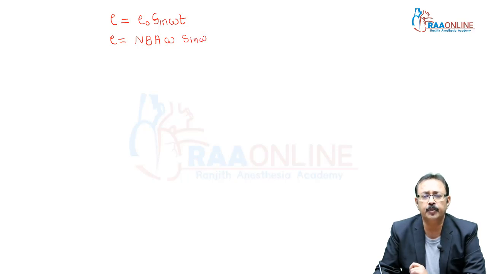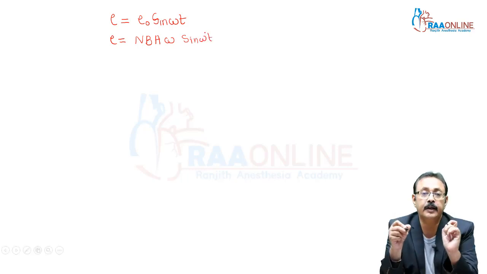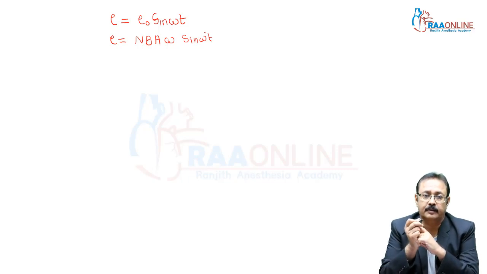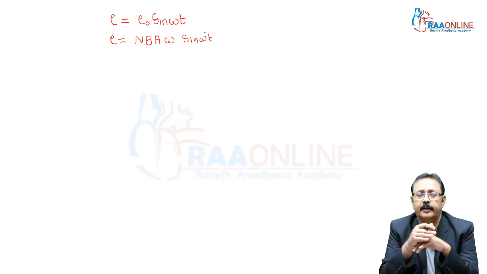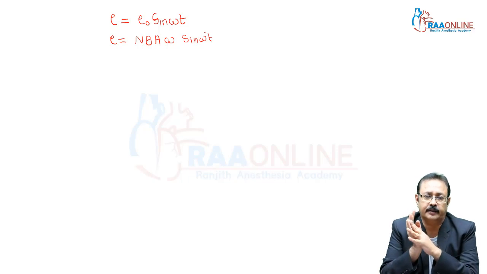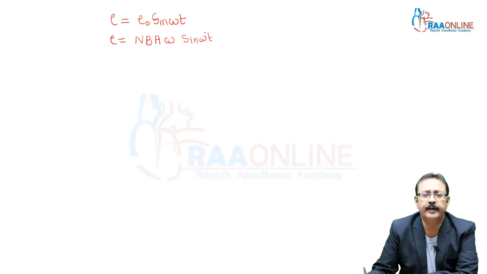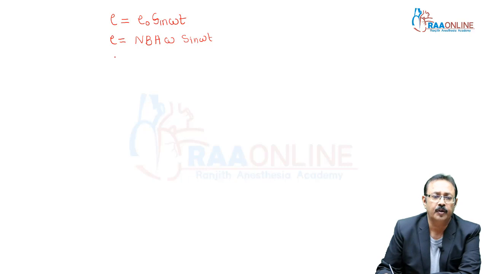Due to this induced EMF, we will get one current. And what should be the value of that current? It depends upon the nature of the circuit. In general, if we have only one simple resistance in the circuit, you will get I = I0 sin omega t.